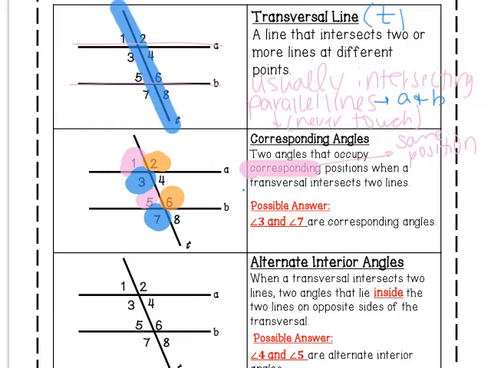And then angle 4 and angle 8 will match. So if you want to go ahead and write all of these down: angle 1 and angle 5, angle 3 and 7, angle 2 and angle 6, and then angle 4 and angle 8. Okay, they're corresponding. They're in the same position, same location if we were to cut it in half and put one on top of the other.